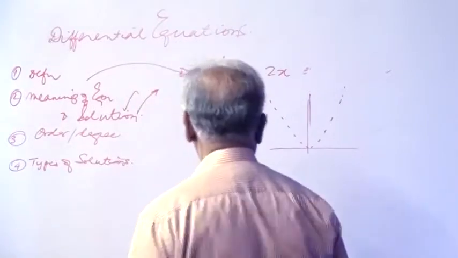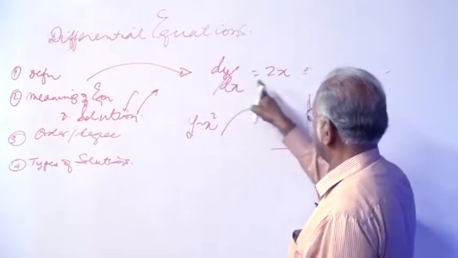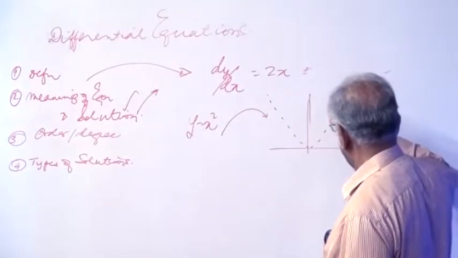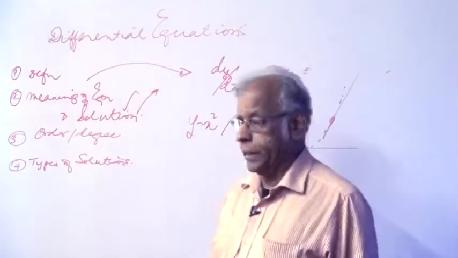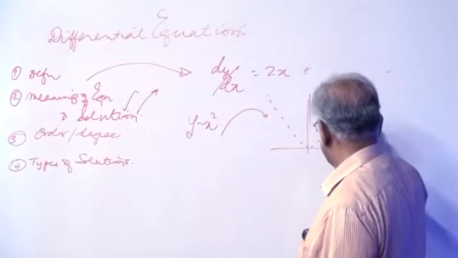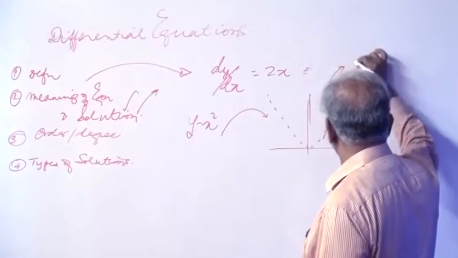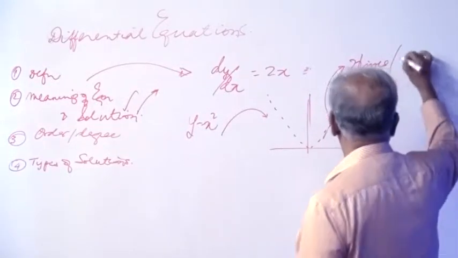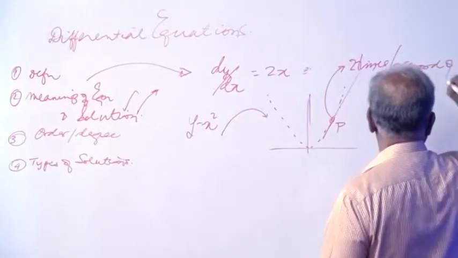All that this equation says is as follows. If I take any point on this parabola and draw a tangent to the curve at that point P, then the slope of this tangent is 2 times the x coordinate of that point.